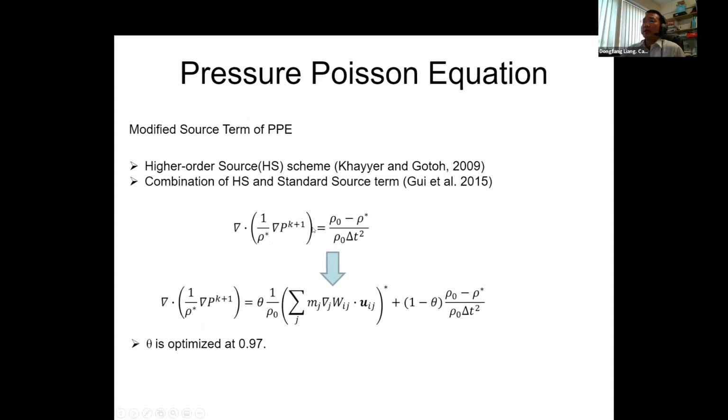So again, we use the incompressible SPH simulation. In this application, the source term of the pressure Poisson equation is a combination of this divergence-free formulation and the constant density formulation.